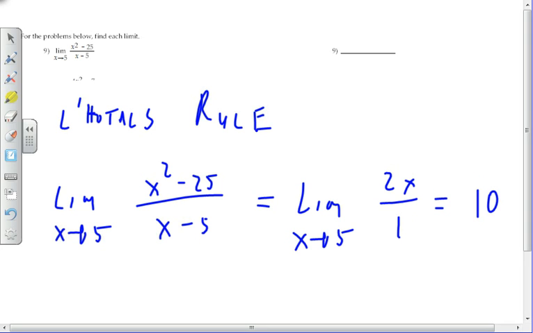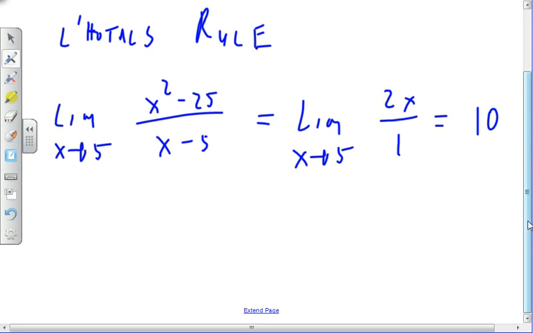The limit of a function divided by another function is equal to the limit of the derivative of the top divided by the derivative of the bottom. So that's what L'Hopital's rule says. But I took the derivative of x squared minus 25.